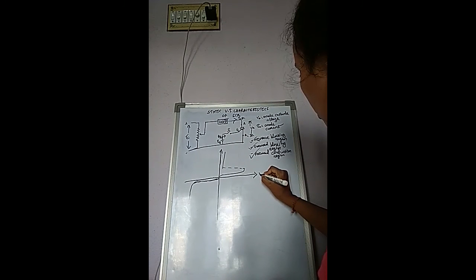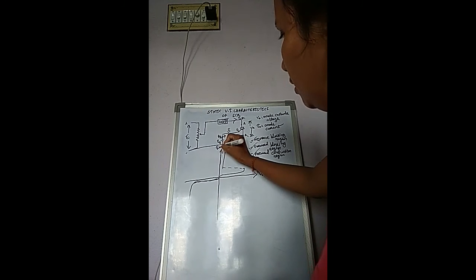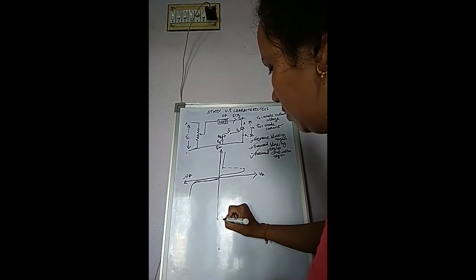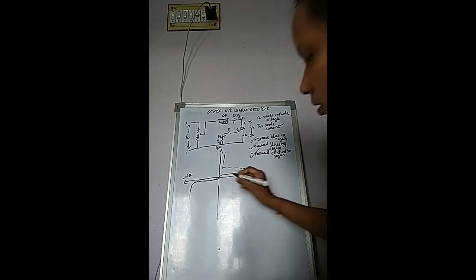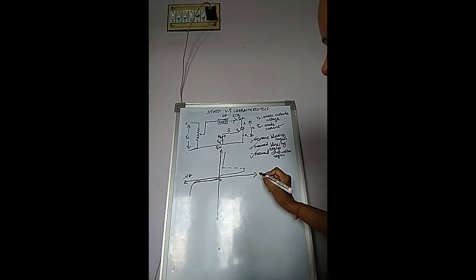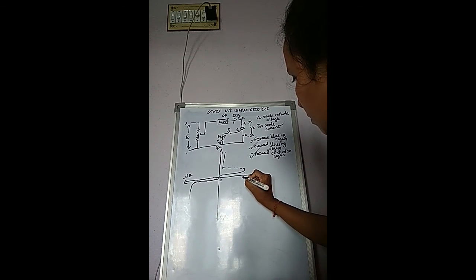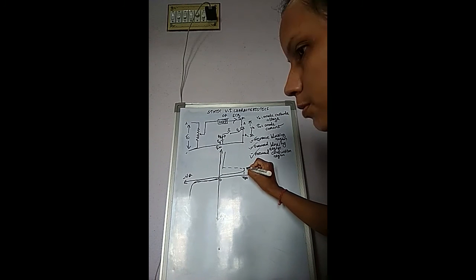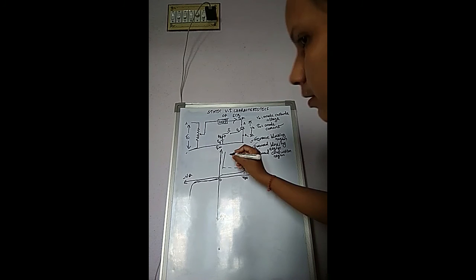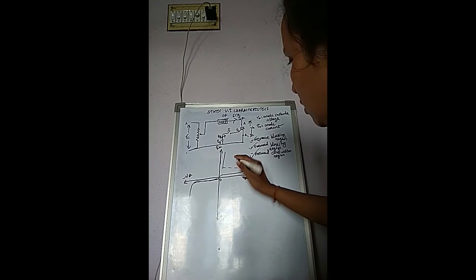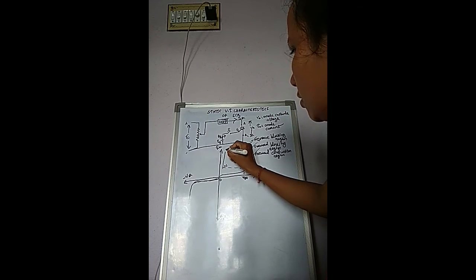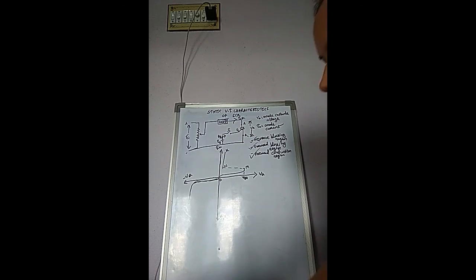So this is VA, this is IA, this is minus VA, this is minus IA. This is O, this is VBO. This is O, this part is the M point, this is the N point, this is the K point.